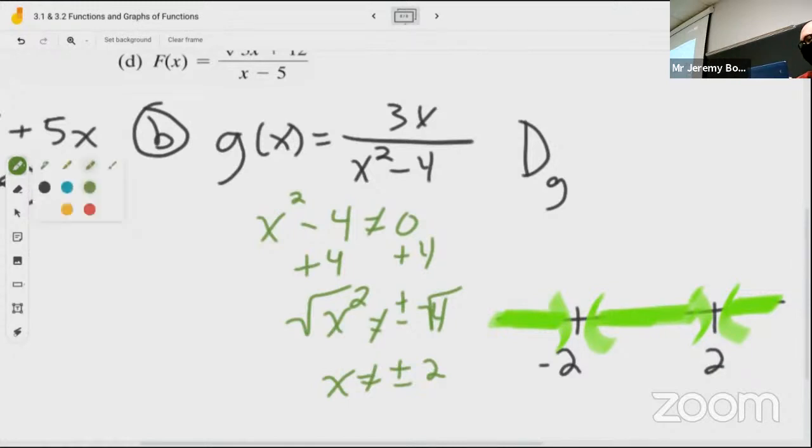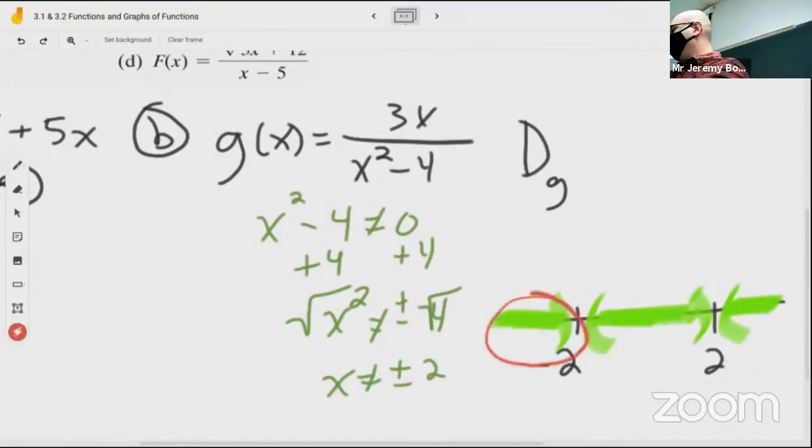So we're going to have to write our domain as 3 intervals union together. That first interval is going to be negative infinity to negative 2.